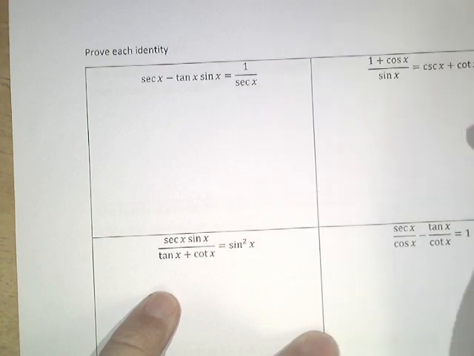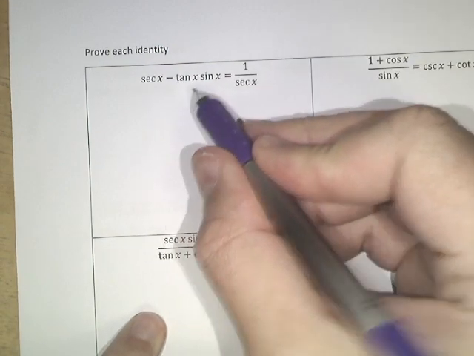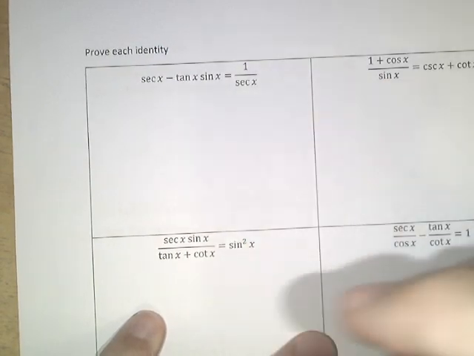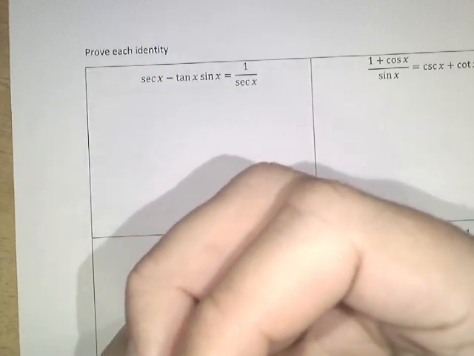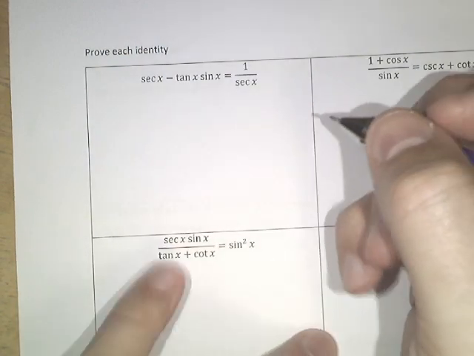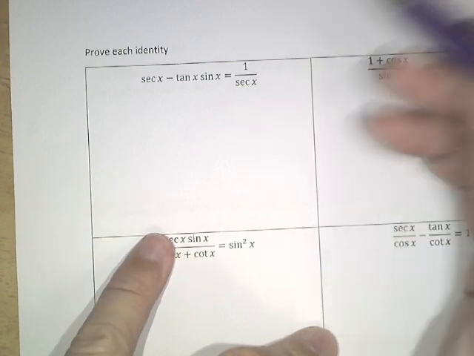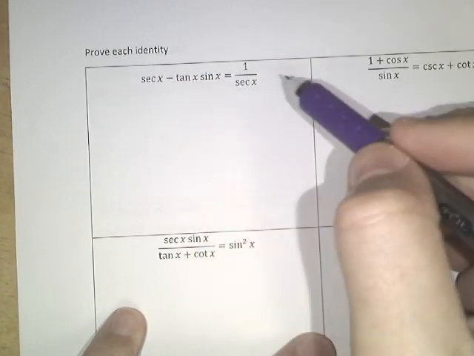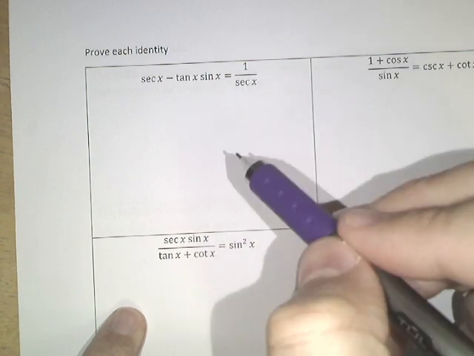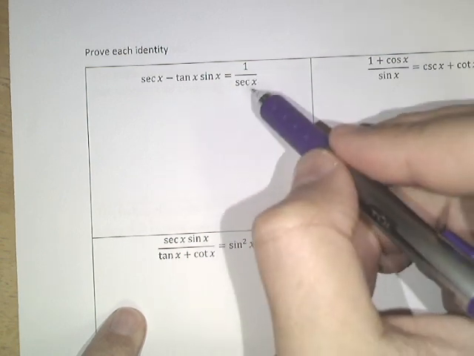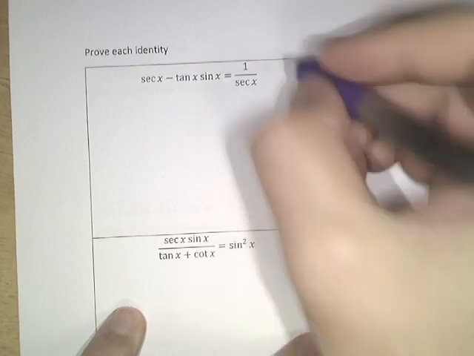So first, I'm looking at this. I don't see anything squared, so I can't use difference of squares. I can't use the Pythagorean identities. I guess I could multiply both sides by secant if I wanted to get rid of the denominator, so that's an option.